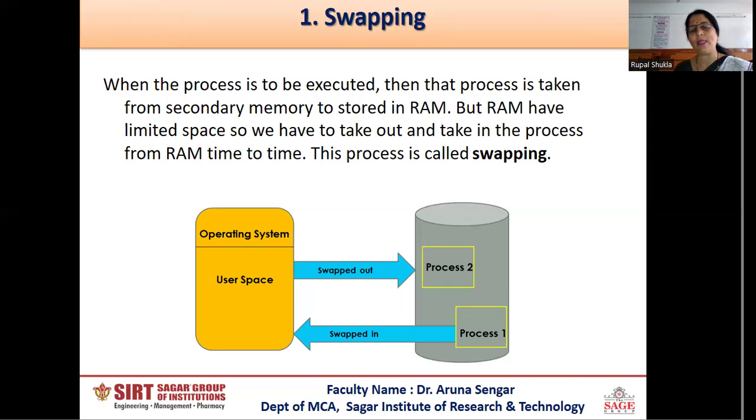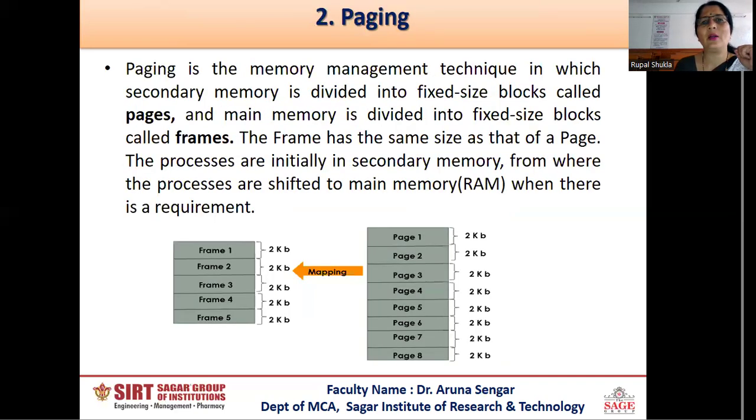So by this technique, the operating system is going to manage a small size of memory for big processes to be executed. The next technique is paging. In paging, what happens?